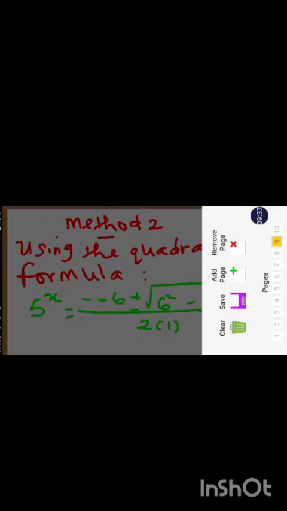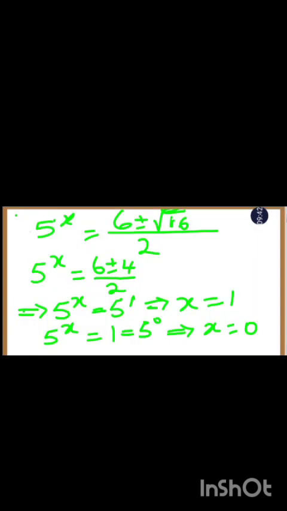When this is expanded, we have 5 raised to the power x is 6 plus or minus the square root of 16, which is 6 plus or minus 4, divided by 2.